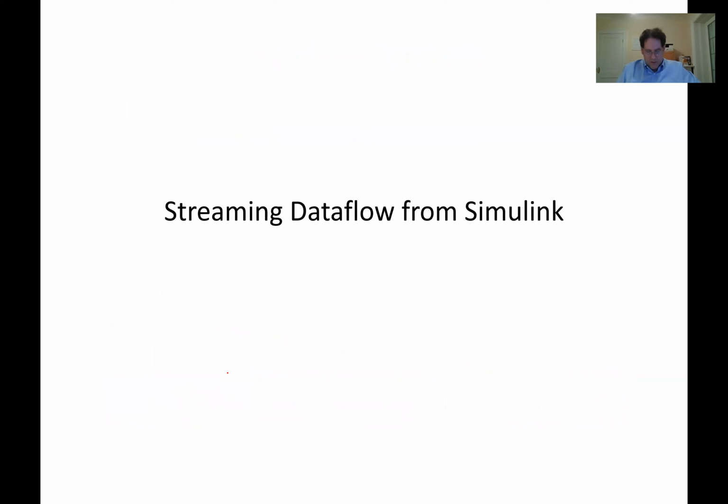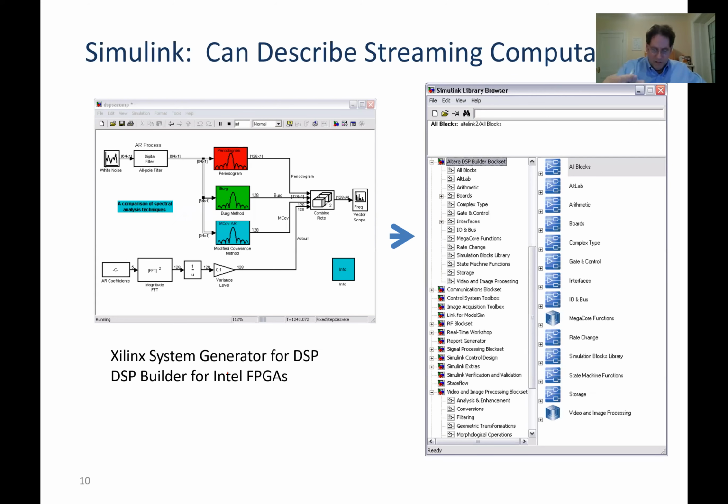Okay, so another useful programming model is built around Simulink. FPGAs, as I said, are used a lot for signal processing. And I'm not a signal processing engineer, but a lot of signal processing engineers optimize their designs in Simulink, which is a package that's connected to MATLAB. Simulink is able to describe streaming computations. It's basically a block diagram tool that, again, signal processing and communication engineers use a lot.